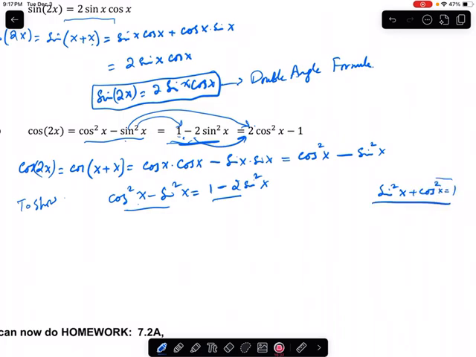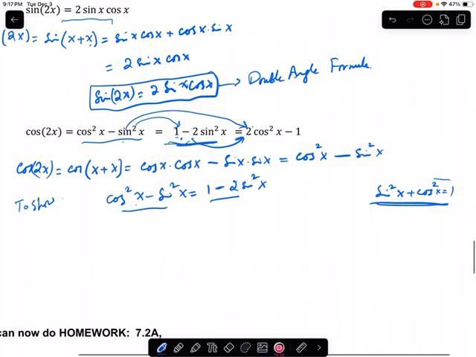This is the Pythagorean identity, and if I want to find cosine square x, that will be 1 minus sine square x, and sine square x will be 1 minus cosine square x.